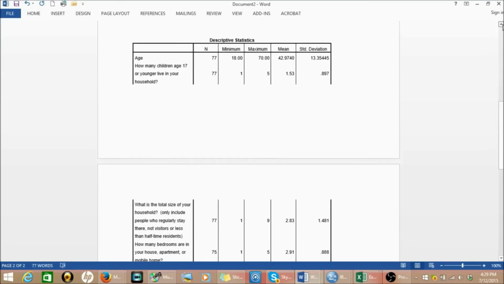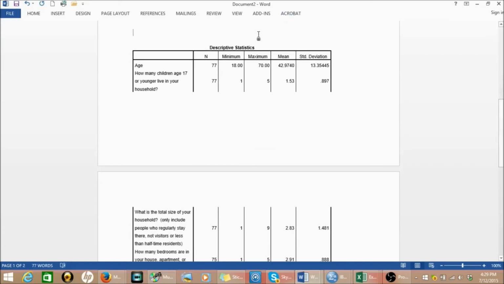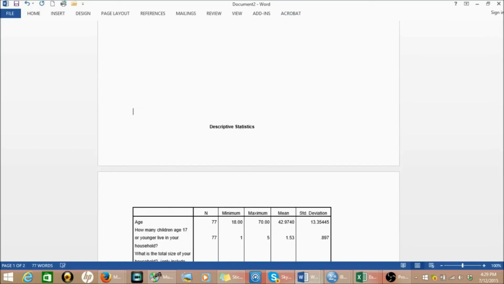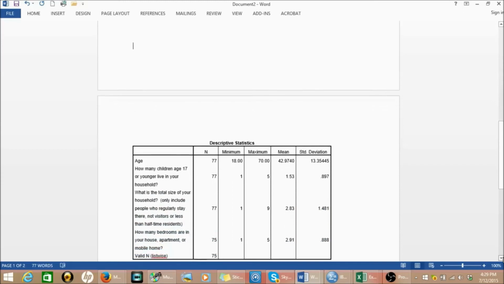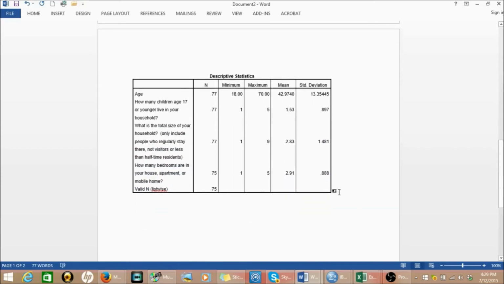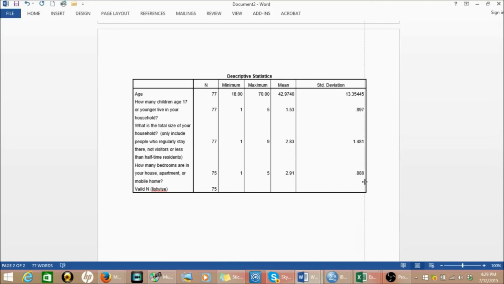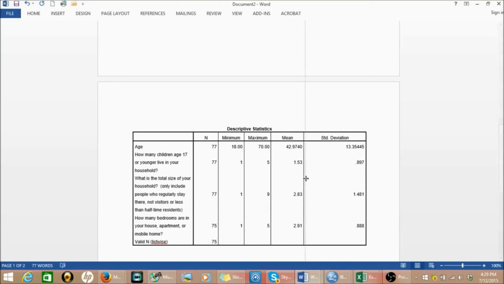Let me get that all on one page. This one, unlike a chart or a graph, I can actually move around a little bit. I can grab this side line right here. I can pull it out to meet my margins. Pull this over.